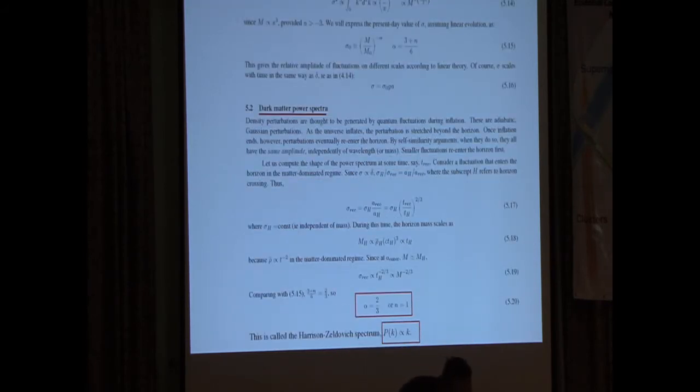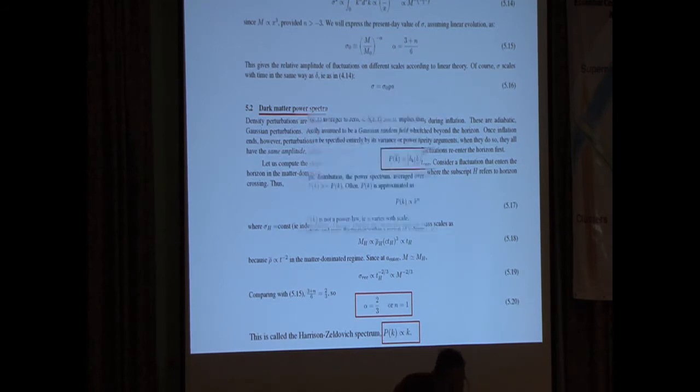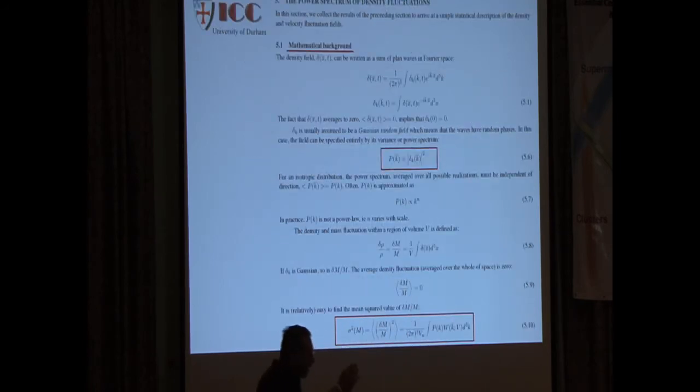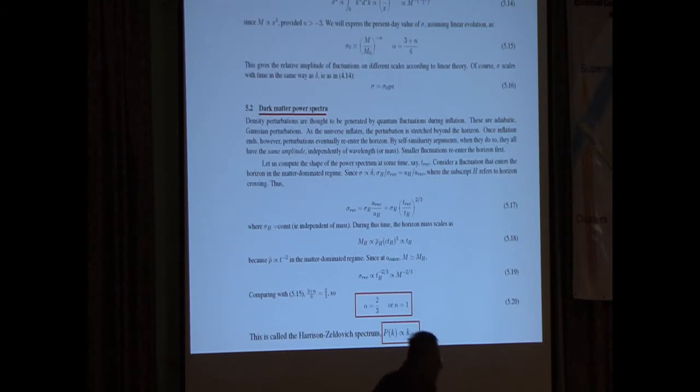Okay, so although for realistic cases the power spectrum has some complicated form because of all these processes that I described, it's often convenient to approximate the power spectrum as a power law, which may be valid over a limited range of k. And then if you write the power spectrum as k to the n, then you can do that integral for sigma squared.